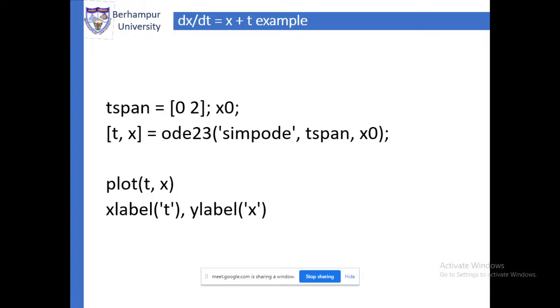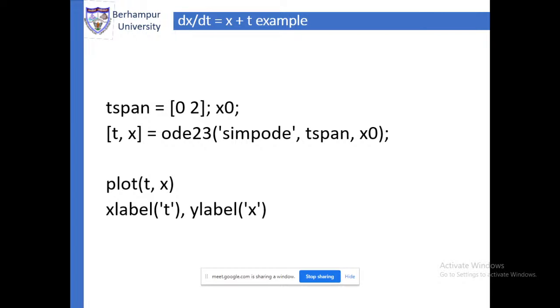Now you write [t,x] is equal to ode23, simpode, which is the function that is going to be integrated, which we have defined, comma tspan, that gives you the limit. If you have not defined the tspan, there is no point to worry.